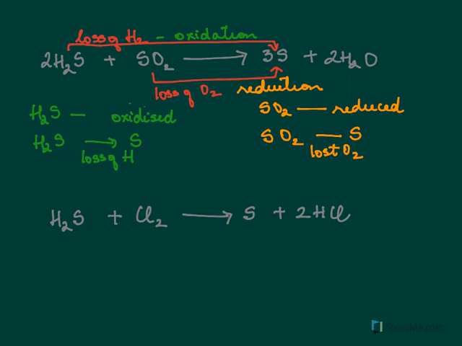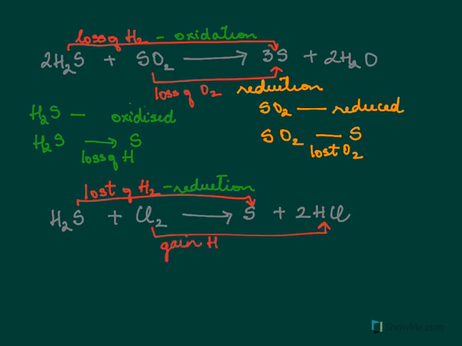Here again we have another reaction, where H2S becomes S, and in doing so it has lost hydrogen. And chlorine becomes HCl. For chlorine to become HCl, it would have gained hydrogen, and the gain of hydrogen is called reduction.